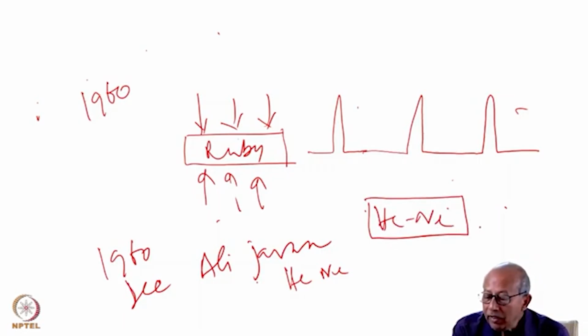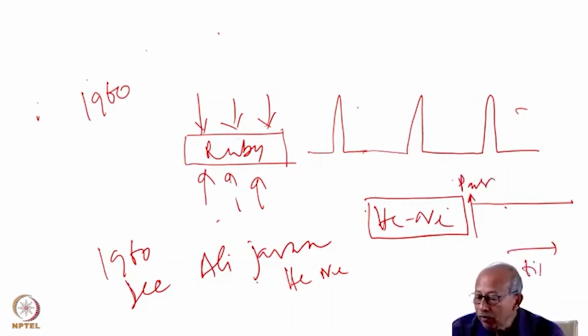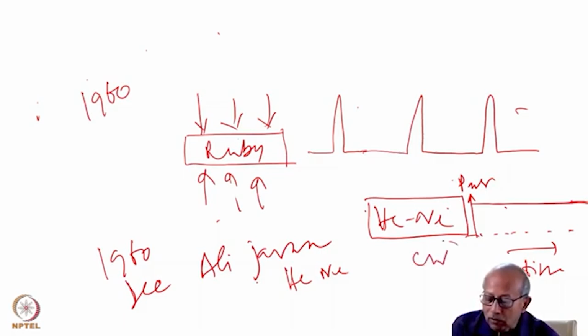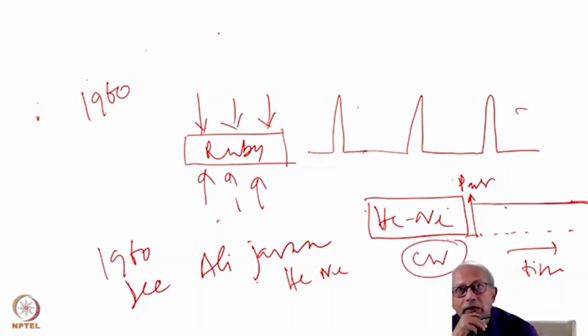That means it emitted light continuously in time. So if we plot the power versus time, it emitted light continuously in time. So this was a continuous working laser, which is also known as a continuous wave laser.